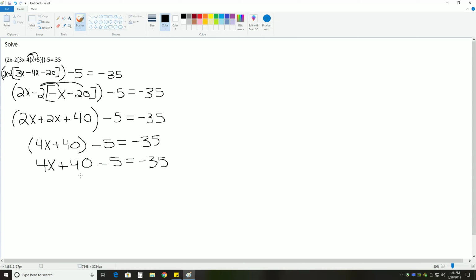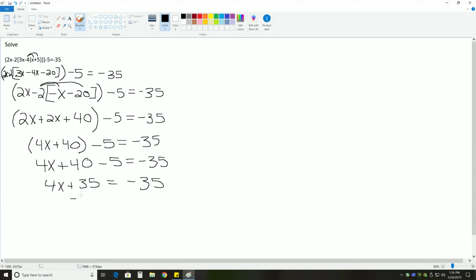Now this is just an algebraic equation to solve. We check if we have any like terms that can combine. 40 minus 5 gives us positive 35, and that's equal to negative 35. So 4x plus 35 equals negative 35.